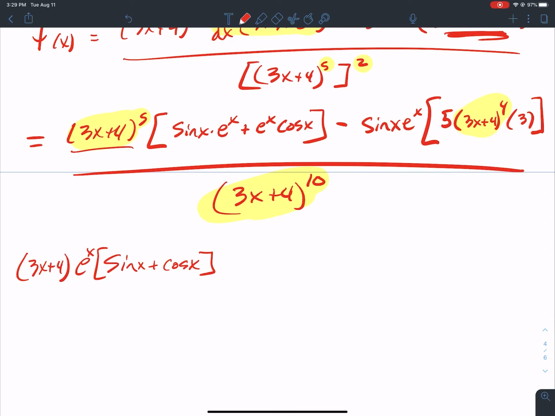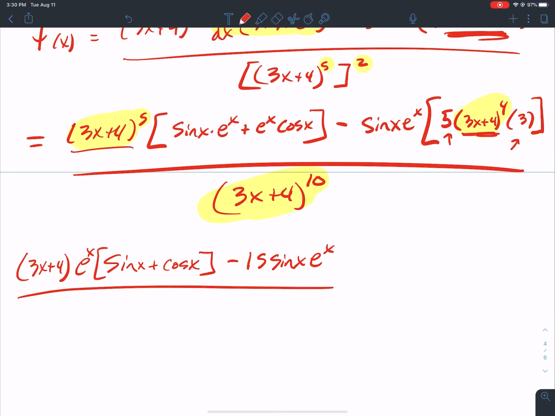And then over here, I take out all of those, but the 3 and the 5 make the 15, times sine x e to the x. Technically, I could put another set of parentheses and factor that out, but I'm not going to worry about that. I don't want to get too complicated.